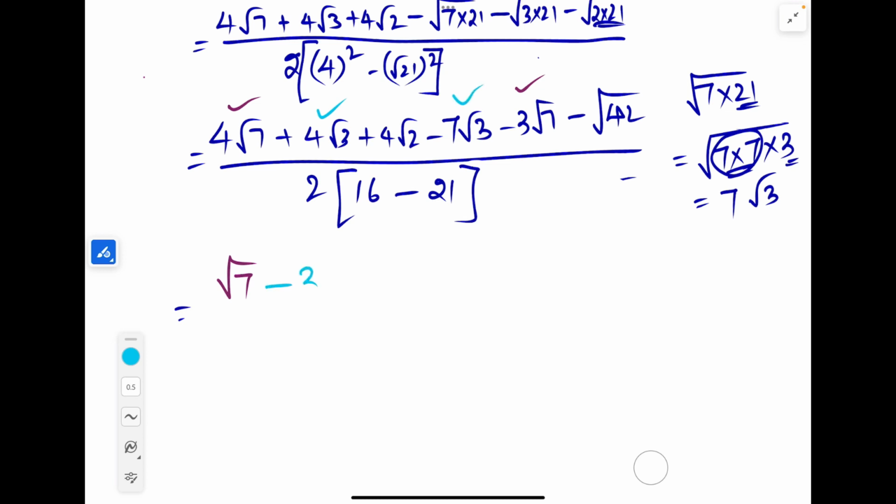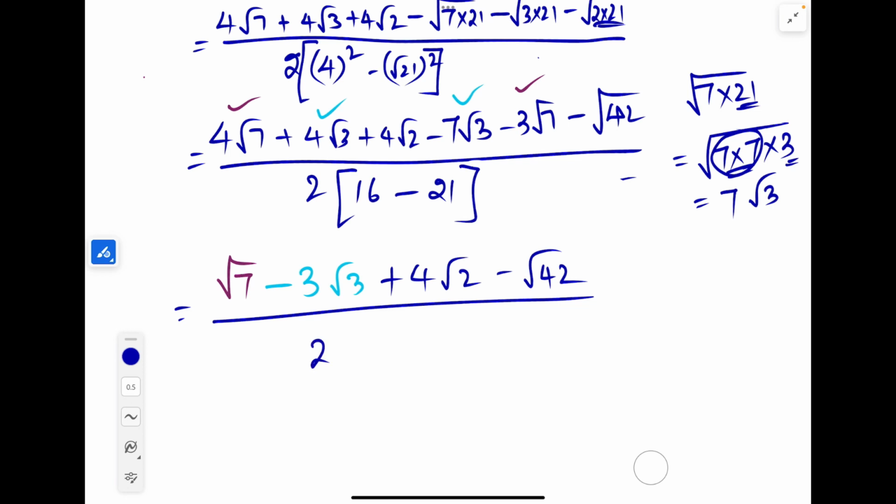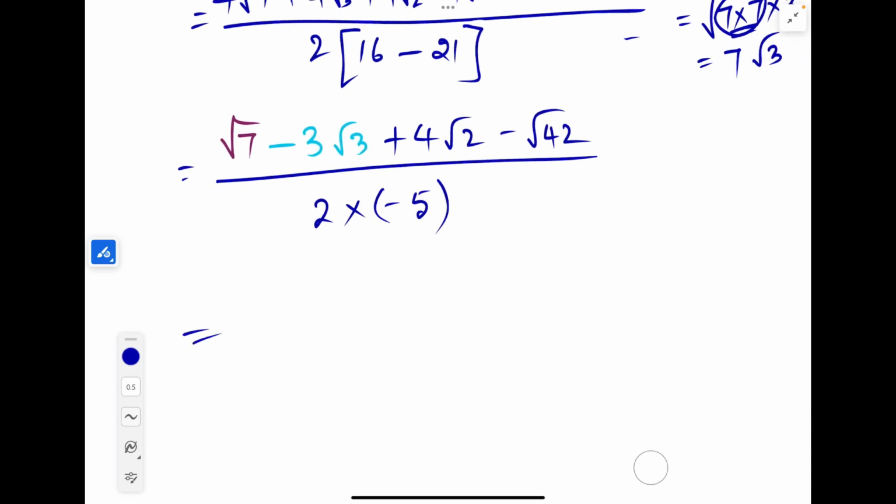So we will be getting negative 3 root 3. 4 root 2 and minus root 42 as it is, by 2 into 16 minus 21, which is minus 5. Now see here, in the denominator we will be getting negative 10. That negative sign we are writing in the numerator, and we will write these terms as it is.